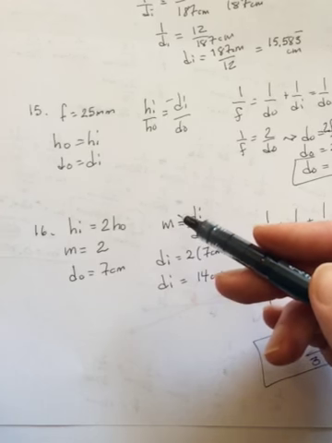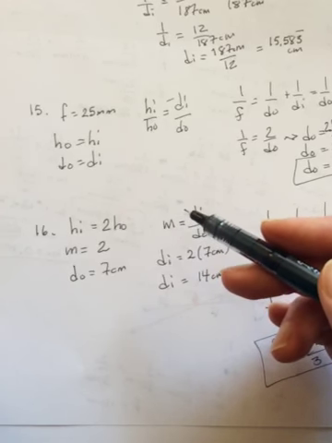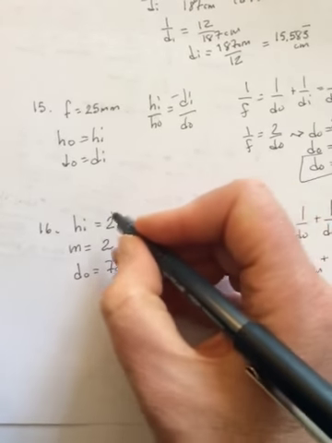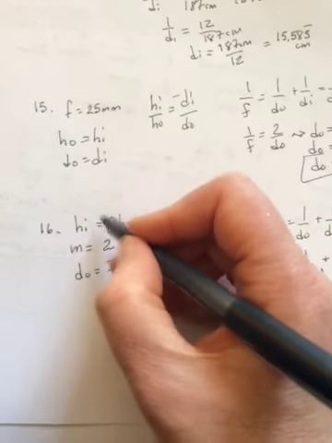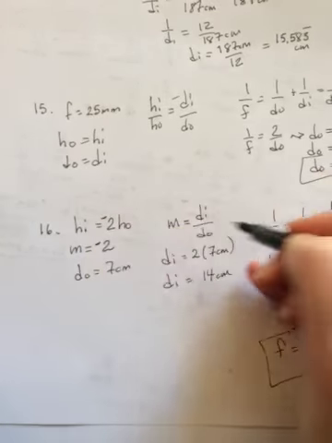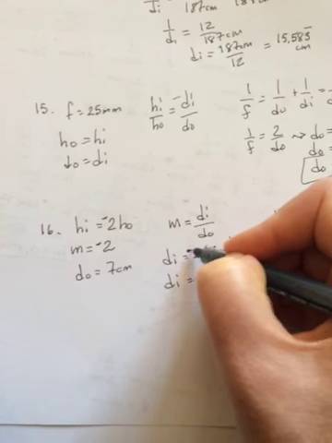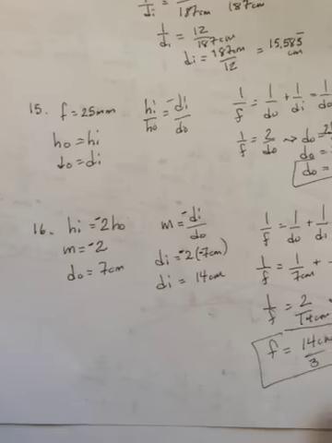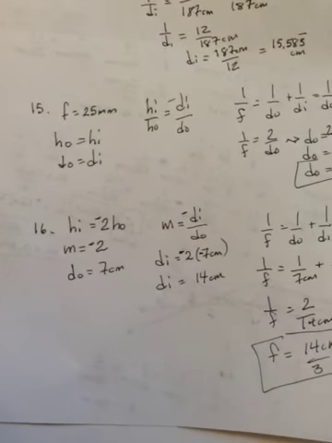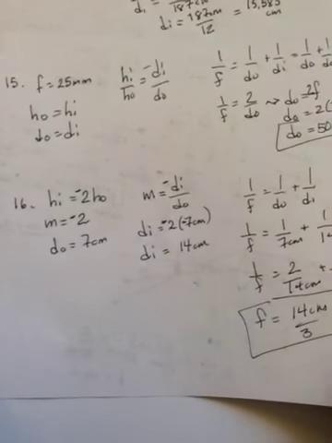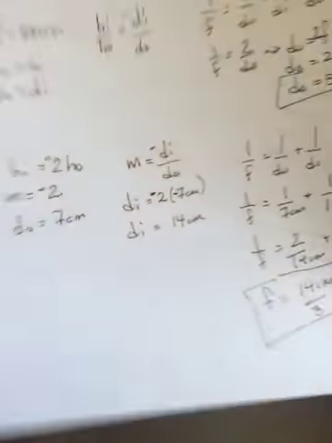A lens is needed to create an inverted image. Inverted, so technically we could say it was inverted, then this would be a negative here, which would make this a negative here, which would make this a negative here, and it would cancel that negative out, and it would be positive. Sorry, I just ignored the negative because I knew it was a real image. But how did I know? Because it said inverted. Okay?